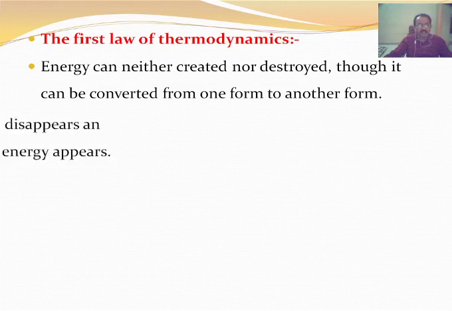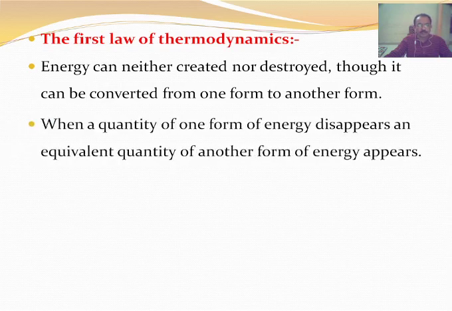Now the second statement of the first law of thermodynamics. When a quantity of one form of energy disappears, an equivalent quantity of another form of energy appears. That means when a certain quantity of energy is utilized, its equivalent quantity of another form of energy is generated. For example, if you see the heating coils in a heater, the coils are rated 200 watts, 500 watts, 1000 watts, 2000 watts.